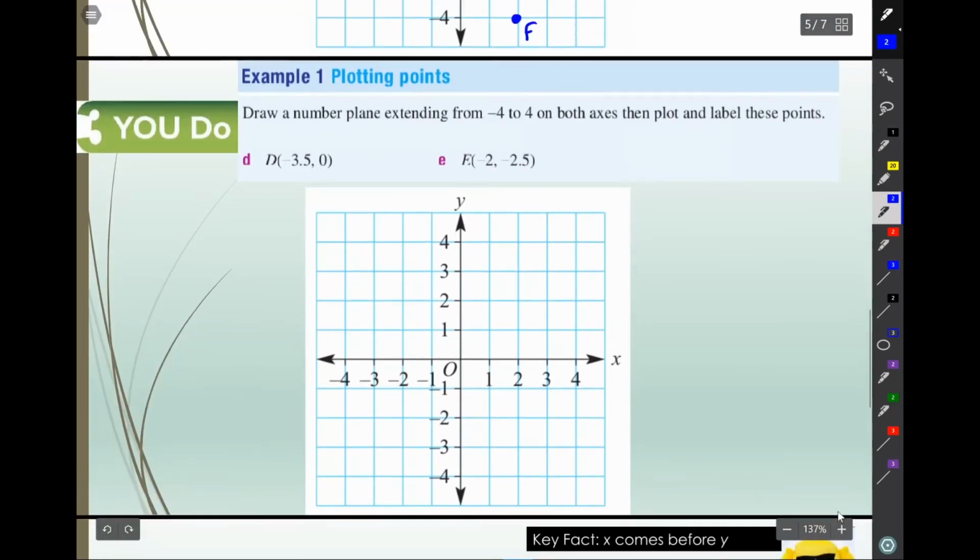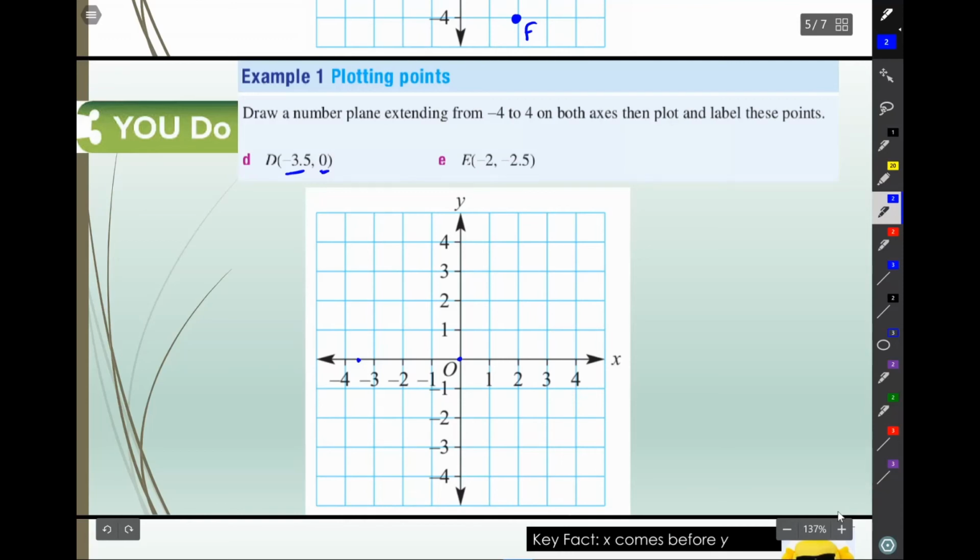Alright, now for these ones, I definitely want you guys to pause the video and have a go at plotting point D and E on your own. Alright, so hopefully you've had a go at these two yourself. I'm going to show you where to put them. We're crawling -3.5, so again, starting at the origin, 1, 2, 3.5. Our point will be here.